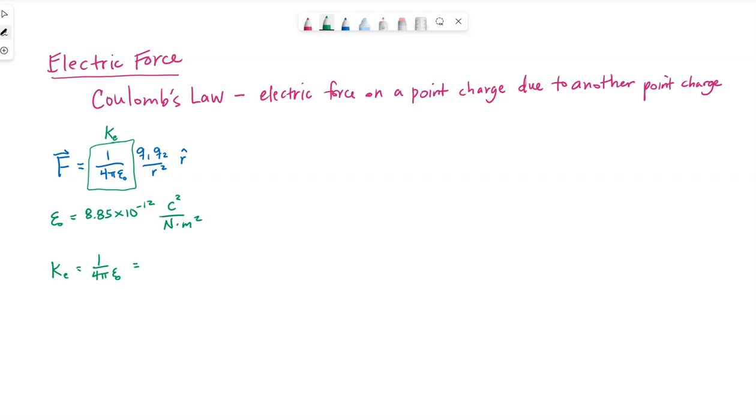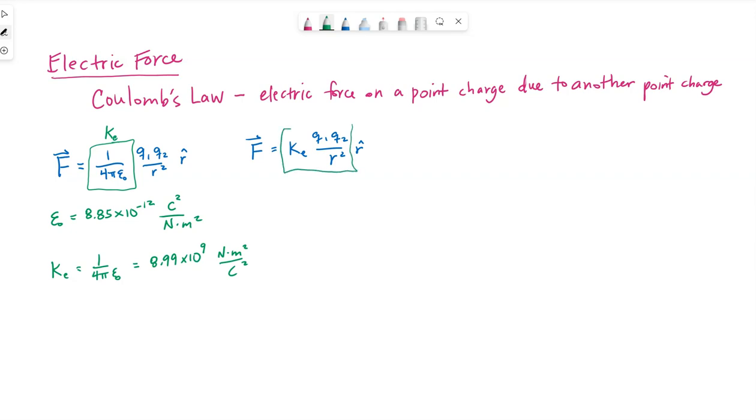When we plug that in, we get 8.99 times 10 to the 9th Newton meter squared over Coulomb squared. So we might see this force just written this way rather than writing out 3 constants. Just plug it in as one big constant. Either way is fine.